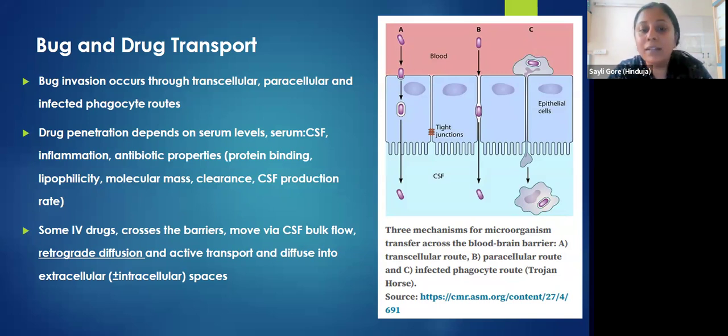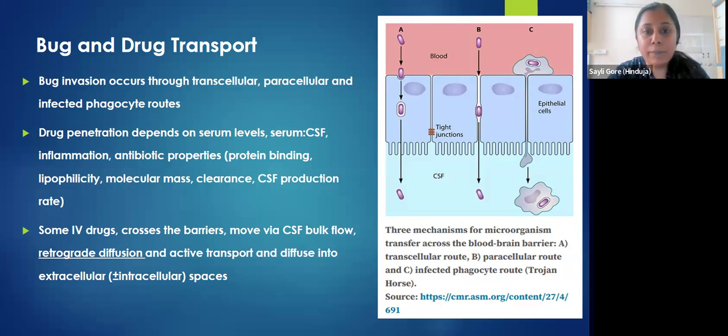Retrograde diffusion is the main transport system of the drug, and then it diffuses mainly into the extracellular space, with or without intracellular. So very few antimicrobials go into the intracellular spaces, and because of these limited antibiotics available, that's the reason we are giving the antimicrobials through direct instillation into the brain.